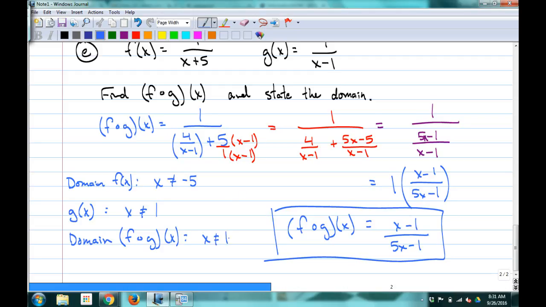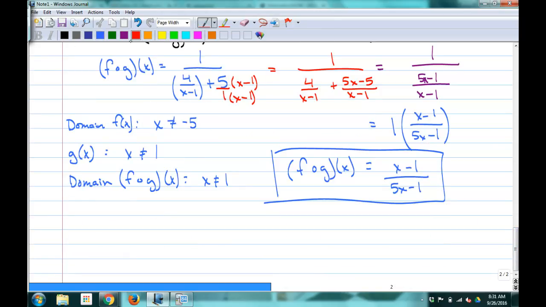Now the one that doesn't necessarily copy over is the f of x function, or the function we're plugging into. Because when is g of x going to be equal to -5? That's what we need to know. This is the question we need to answer. When is g of x equal to -5?